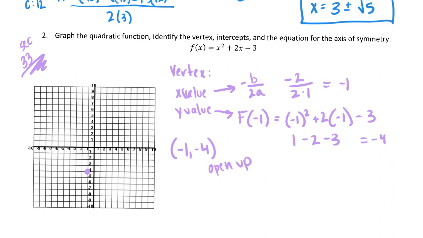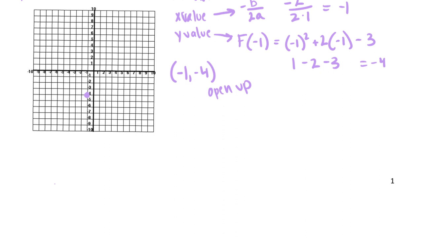The next thing that we do when we're graphing is we're going to find the x-intercepts. And to find the x-intercept, we just take our equation, which is x squared plus 2x minus 3, and we set it equal to 0. We're plugging 0 in for y. So we can factor that.